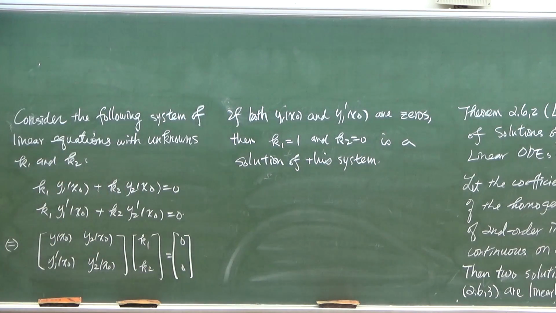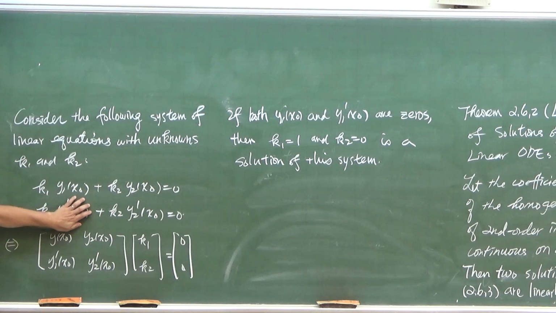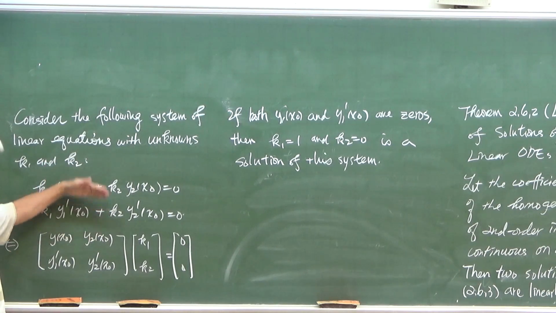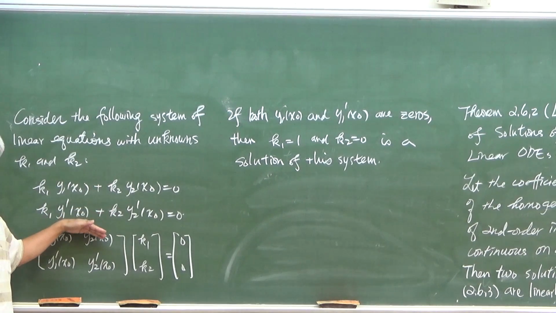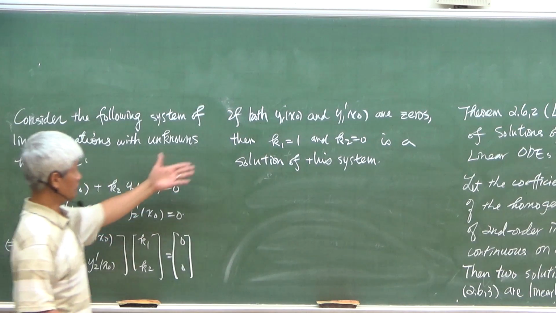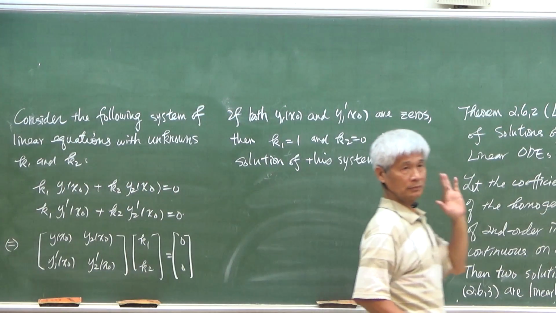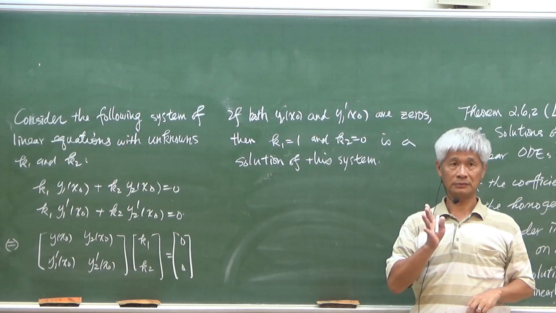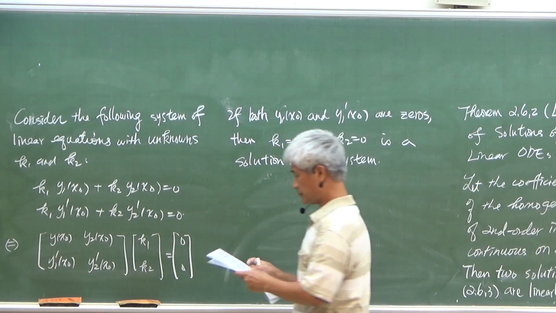If this is 0, this is 0. Now I let k1 equal to 1 and k2 equal to 0, then these two equations are satisfied. So I found a solution k1, k2, and these two are not both 0.